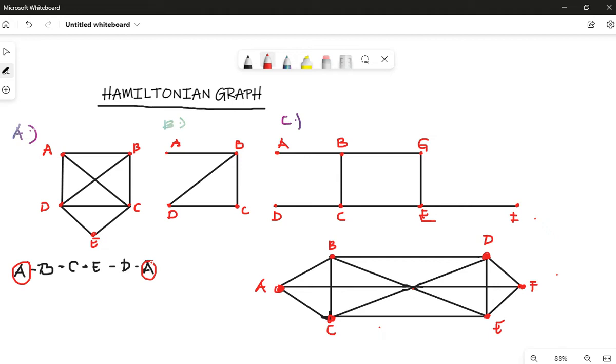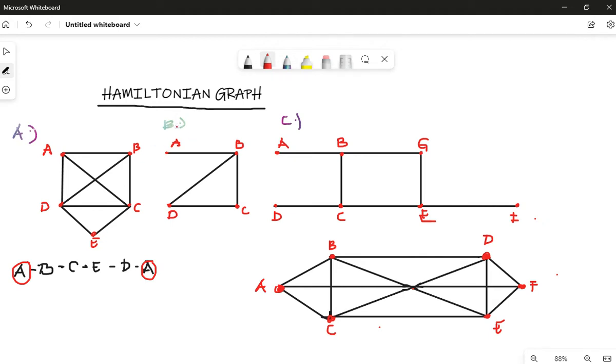Now, if it contains a Hamilton circuit, it follows that it also has a Hamilton path and therefore it is considered as a Hamiltonian graph. Now, it's up to you if you want to start with vertex B, vertex C, vertex D, or vertex E. That is up to you as long as the conditions are satisfied.